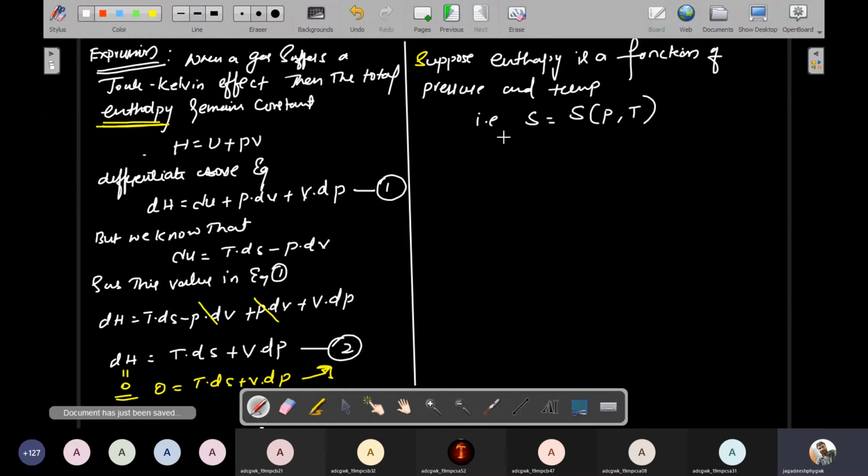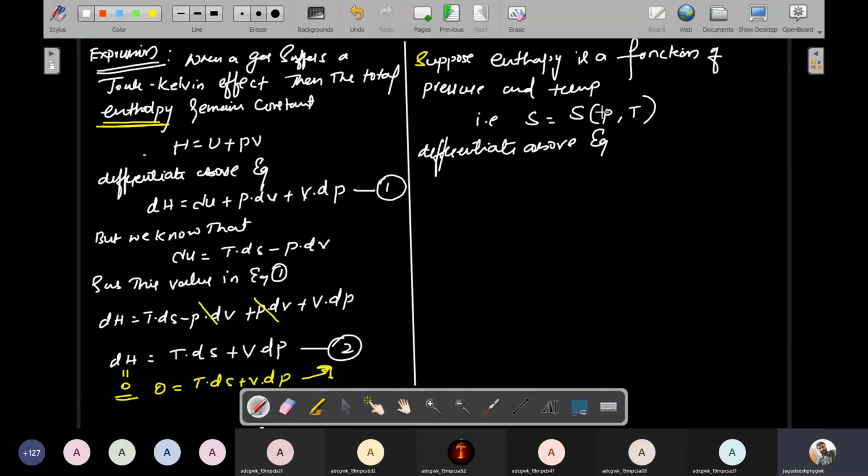Now I want to differentiate the above equation. With respect to pressure, because there is one pressure and one temperature. This is like a partial derivative, because we can differentiate this equation by partial functions. According to partial differentiation, these two are independent coordinates.